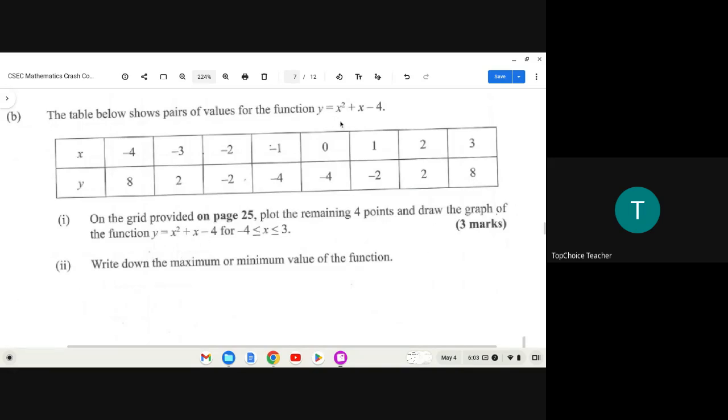All right, and this is the graph here, the graph of this particular equation. What does this mean? Minus 4 is less than or equal to x, which is less than or equal to 3. Anyone knows what this is? Or how do we interpret this? That's a better question.